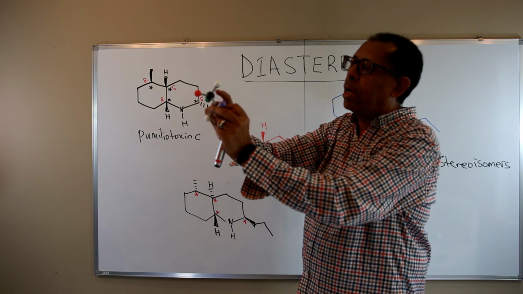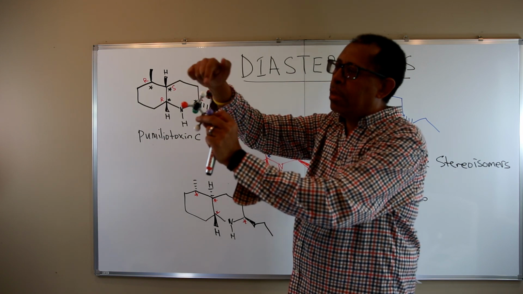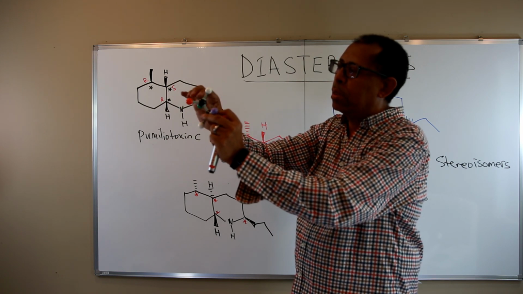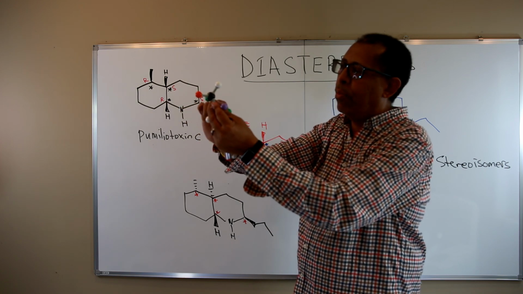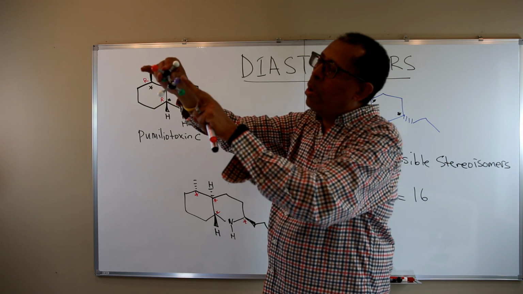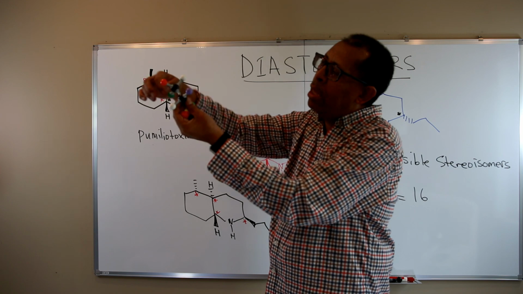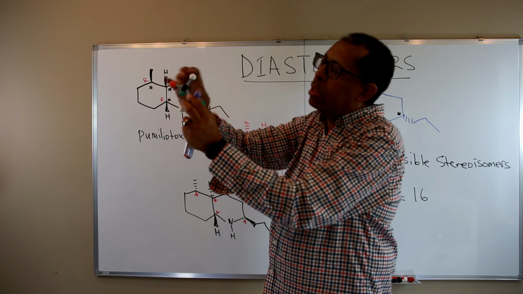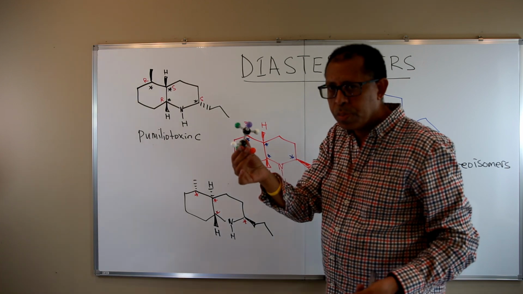So this carbon center is a chiral center because it has 4 different groups on it. And if you also look at this one, it has Group 1, another group, and the whole of this. So both carbons are chiral centers.